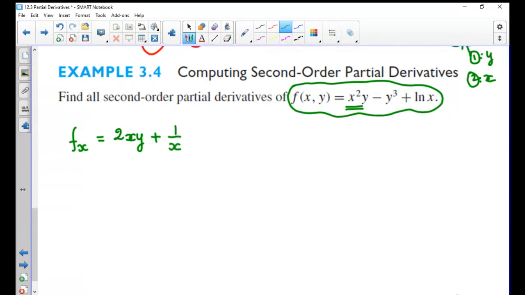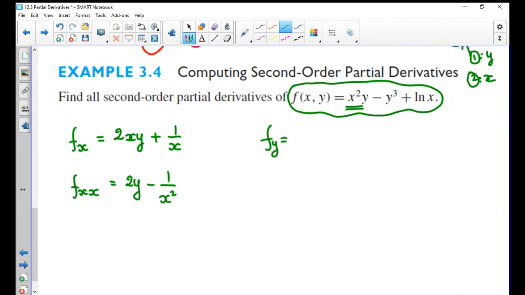This is fx. Let me do immediately fxx. So I differentiate again with respect to x. So what do I get? 2y, and then 1 over x will give us, as we mentioned a moment ago, minus 1 over x squared. Now, let's look at fy.